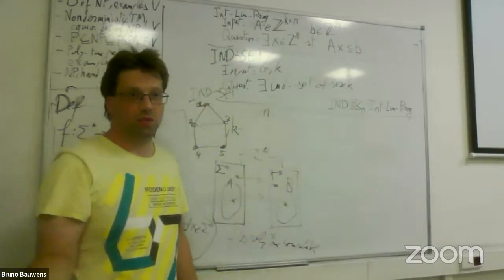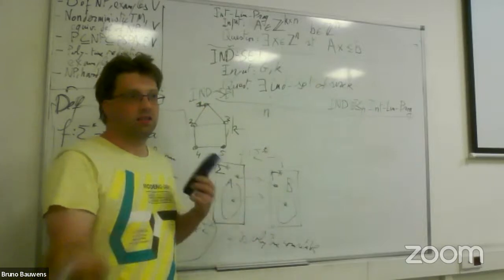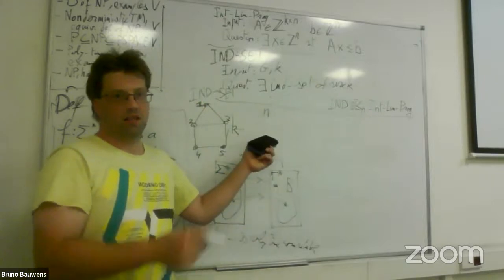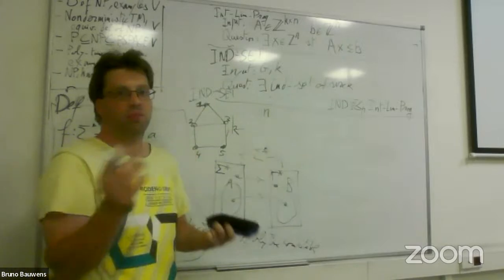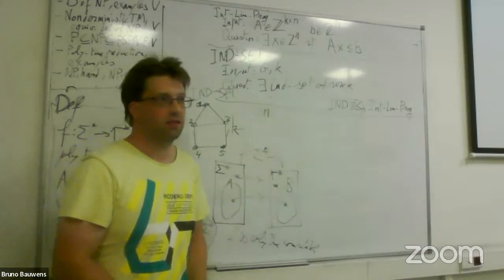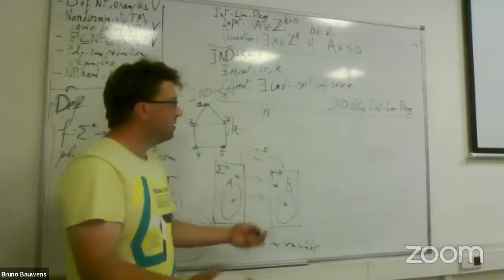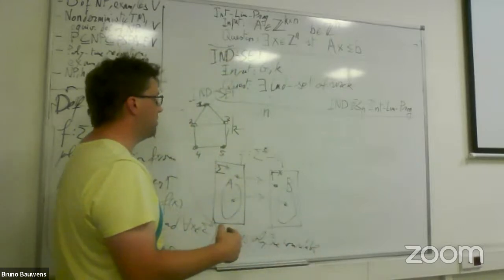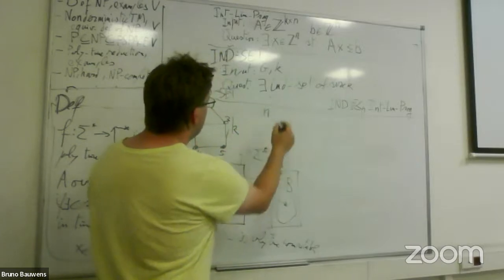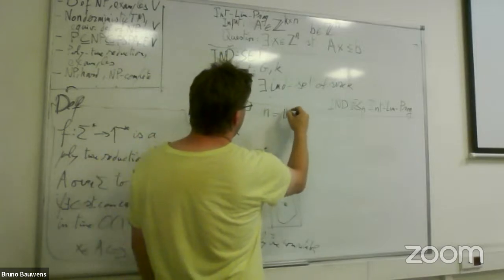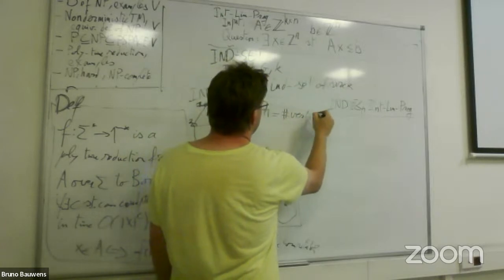Here there is a conflict with input size, but a graph of size N is represented as a string of size N squared. Since they're polynomially related, it's not dangerous. We don't care about polynomials in this area. So N is equal to the number of vertices.